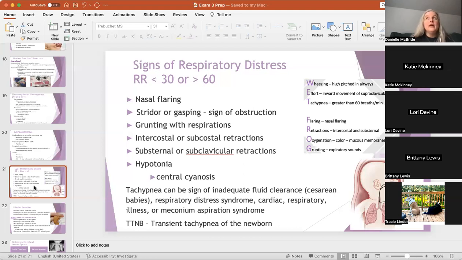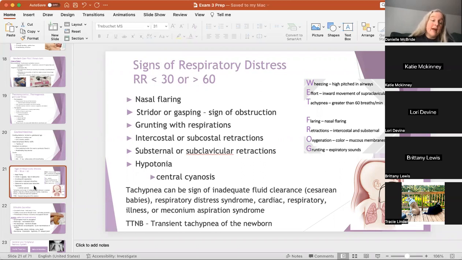What about if the baby passes meconium in utero and we have meconium stained fluid? They're at risk for aspiration of it. So meconium aspiration syndrome. Good. If the baby aspirates meconium, do you think we'd see signs of respiratory distress and tachypnea?